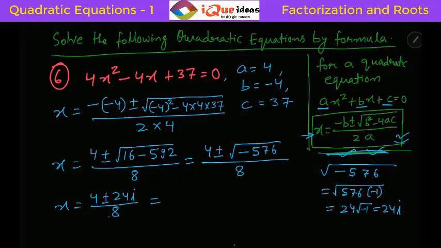So if we divide by 8, 4 by 8 will be 1 by 2 plus minus 24 by 8 is 3i. Fantastic. So the roots are 1 by 2 plus 3i or 1 by 2 minus 3i. Very clearly, again the roots are imaginary and hence they are conjugate pairs. Alright. So I think this is sufficient practice for quadratic equation solving with the help of formulae.